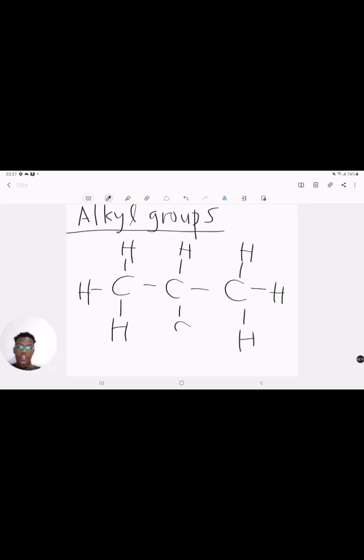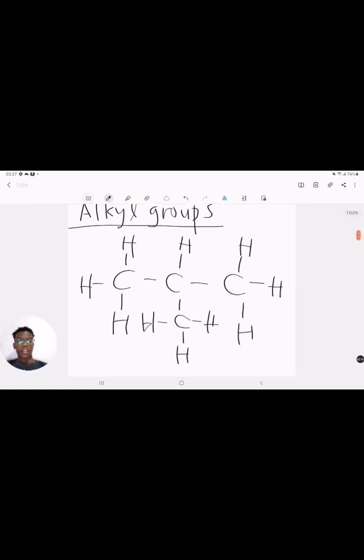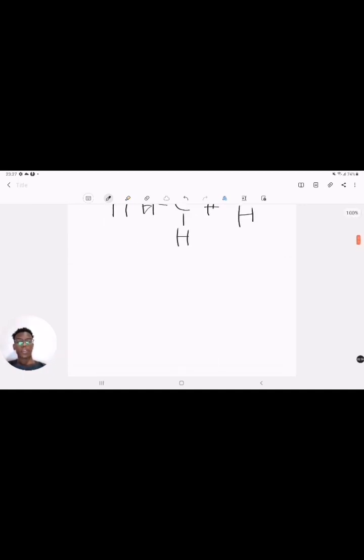And here we've got C and H, and we've got H. Now in these compounds, you will remember from previous videos that we have what we call parent chains. Now, what is a parent chain? I'm going to come back to this example and explain what alkyl groups are in a bit more detail. But first, what are parent chains?